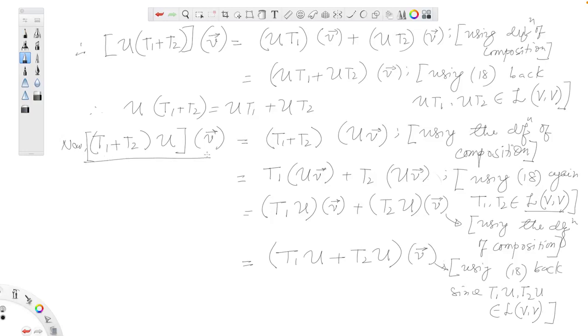So this was the left hand side and this is the right hand side, and since this equality holds for any v, we must have (T1 plus T2) times U the same as T1 U plus T2 U.